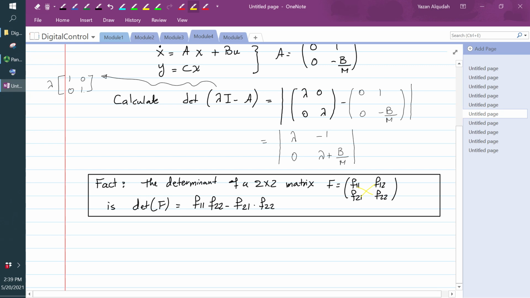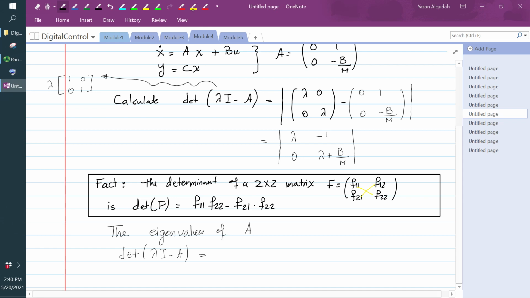Okay, so therefore, going back to our example, if I want to calculate the eigenvalues of A, I'm going to use this fact that we just stated here, and I'm going to calculate the determinant of lambda I minus A. I multiply lambda by lambda plus b over m, minus negative 1 multiplied by a 0.